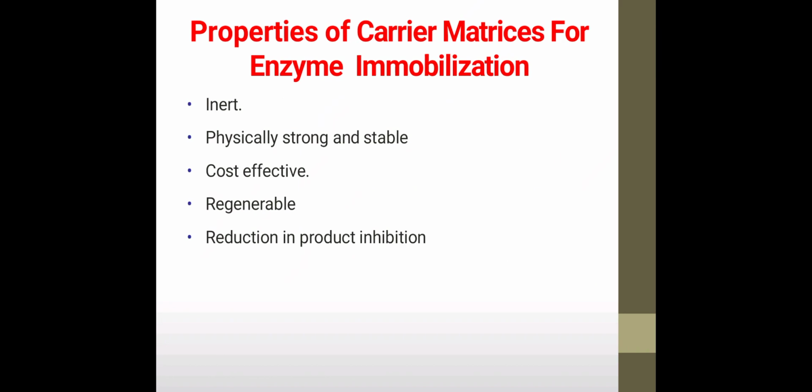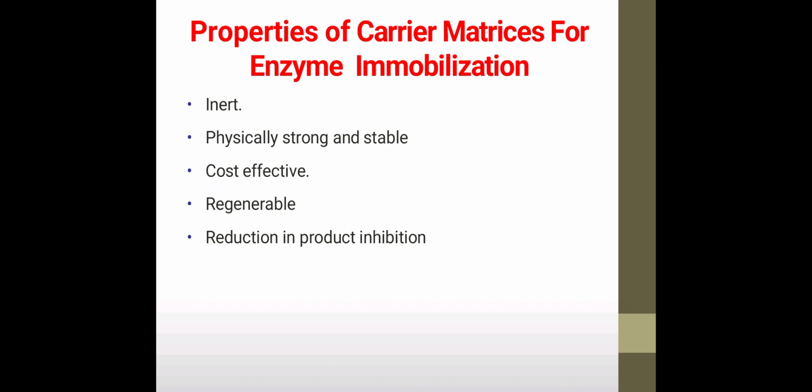And now we will see the properties of the carrier matrices that are used for enzyme immobilization, because we have to immobilize the enzyme by adding it to a carrier matrix. The carrier matrix should be, first, inert, that is it should not give any reaction.